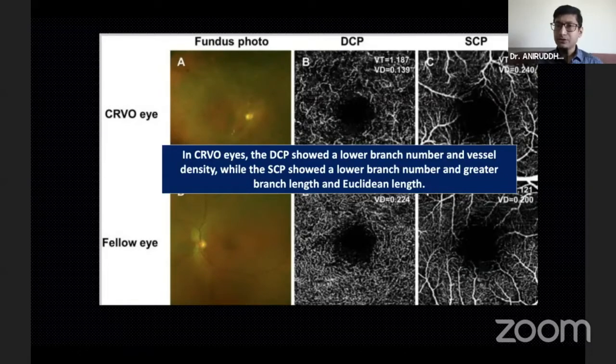There are now newer indices which are more sensitive compared to the vessel density, such as the branch length and the Euclidean length. All of these are geometric measures, or even astronomic measures, which are now being applied to OCT angiography in determining the sensitivity and specificity of the image compared to the fellow eye.